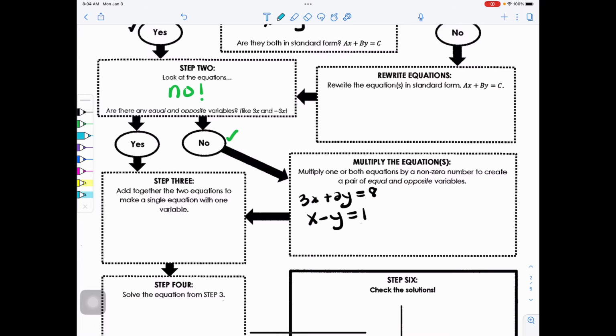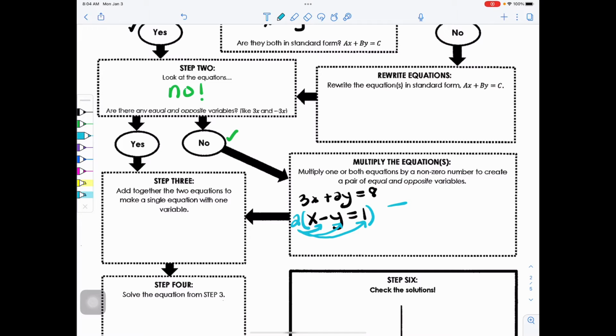So I'm going to take the bottom equation and I'm going to multiply it by a positive 2. Because if I do that, when I multiply 2 times negative y, I'm going to get negative 2y, which will be the opposite of positive 2y in the first equation. Now remember, when you pick that, you need to multiply all the pieces of that equation by that number.